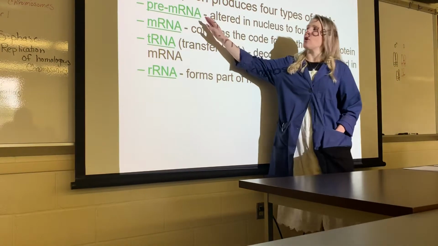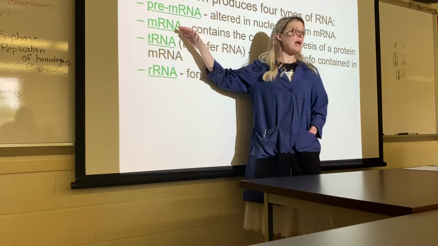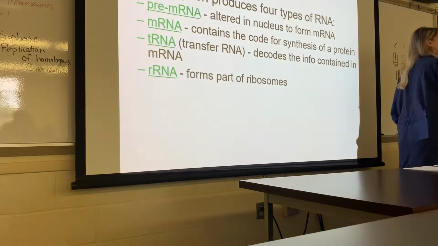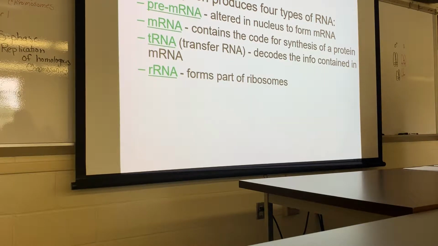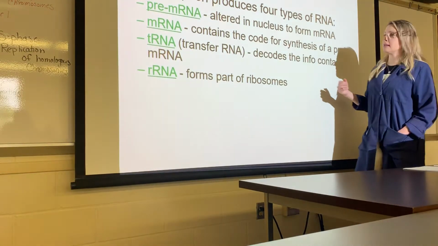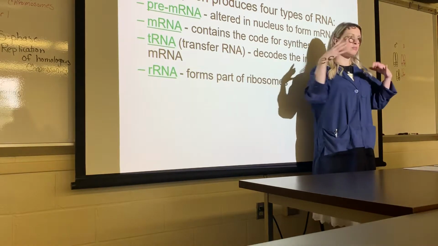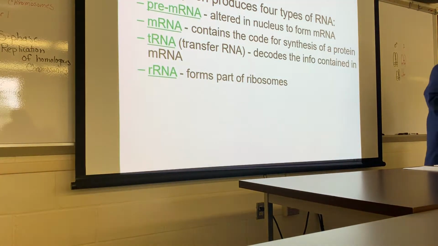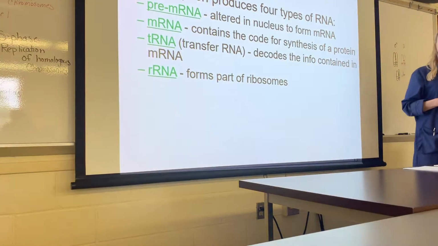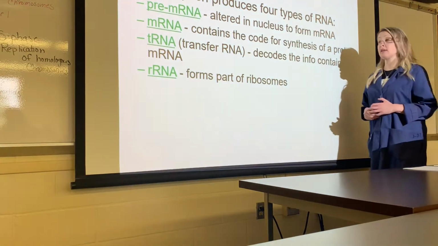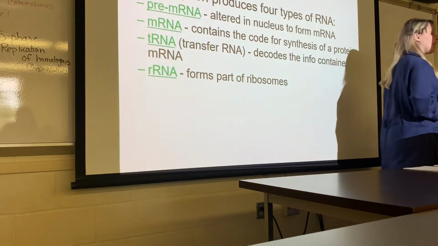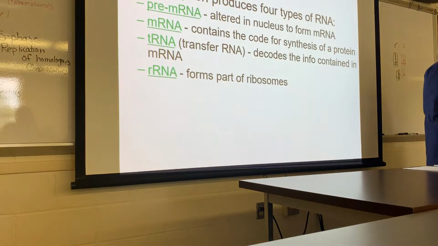Once we edit our pre-messenger RNA, now we have our messenger RNA molecule, which has just the sequence to code for our protein. Transfer RNA is going to bring amino acids, so it transfers amino acids to our growing protein. And ribosomal RNA, as we said earlier, is produced in the nucleolus and is the site on the ribosome where the protein is made.